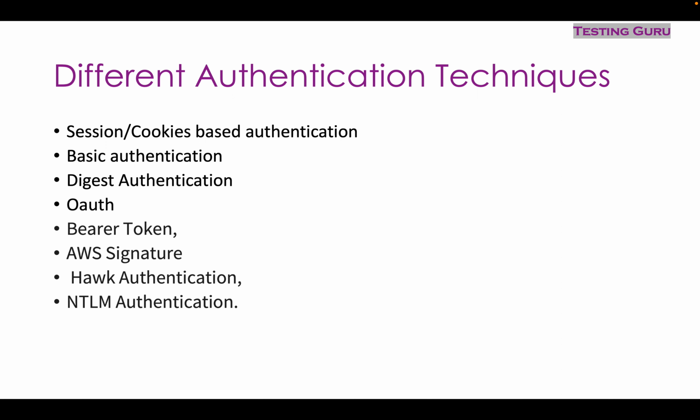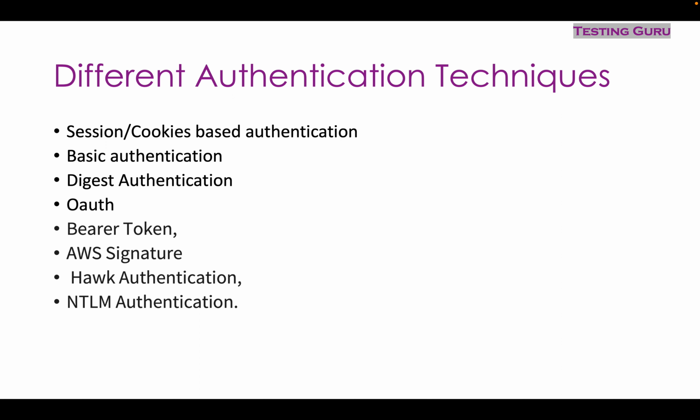And we also see what are the different authentication techniques we use. We use session or cookie based authentication, basic authentication, digest authentication, and OAuth. Most applications nowadays use OAuth, like Facebook, Twitter, and many other applications.